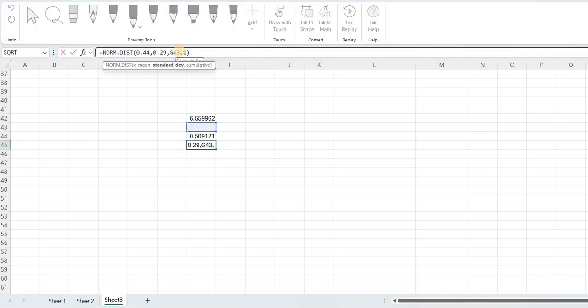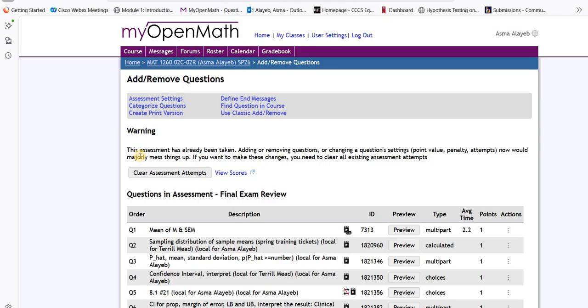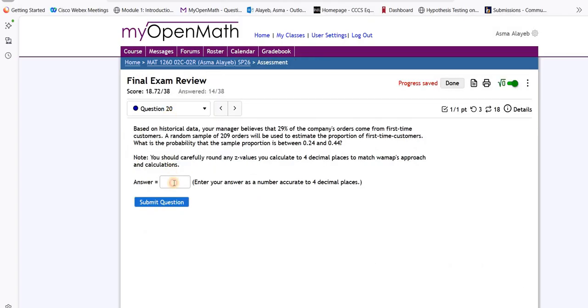So I'm just going to switch this to 2, and then I will switch the first number to 0.24. So that is the second one, same steps, and then you will find the subtraction. The first one minus the second one is going to give you the area in between, and that should be the probability or the answer. So that is the answer right here.